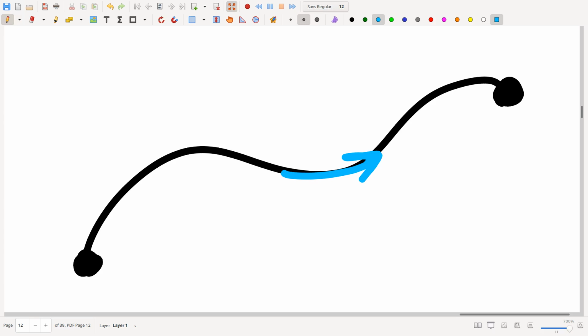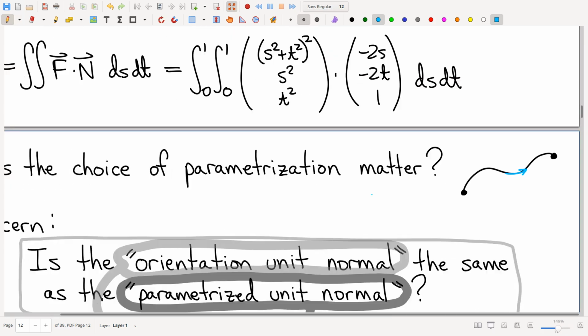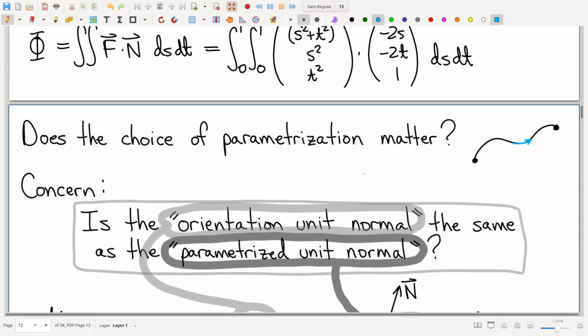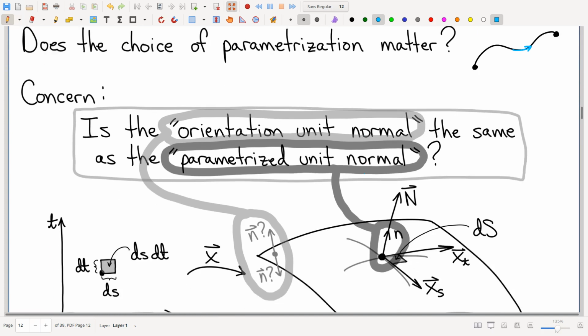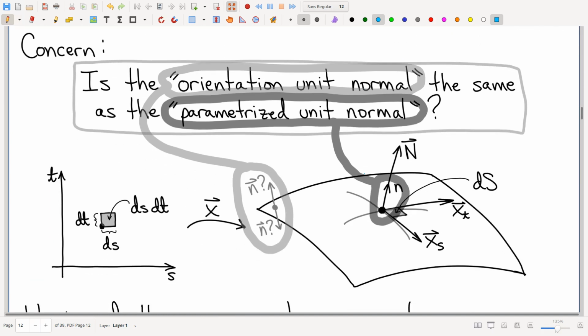We just don't see that when we parameterize surfaces, because we don't have that time metaphor to be able to develop that intuition. But it remains that when you parameterize a surface, you are parameterizing in a direction. As follows. Suppose you have a surface. Let's see here.